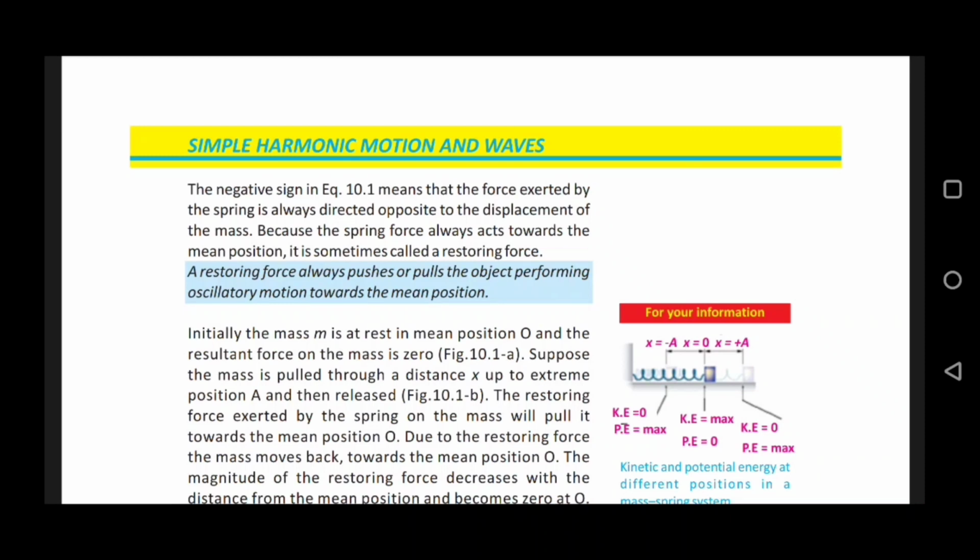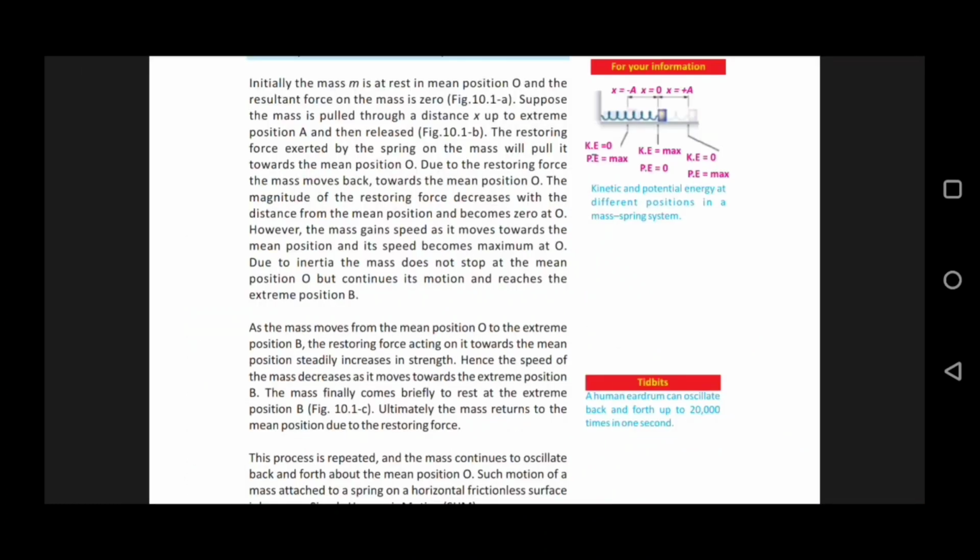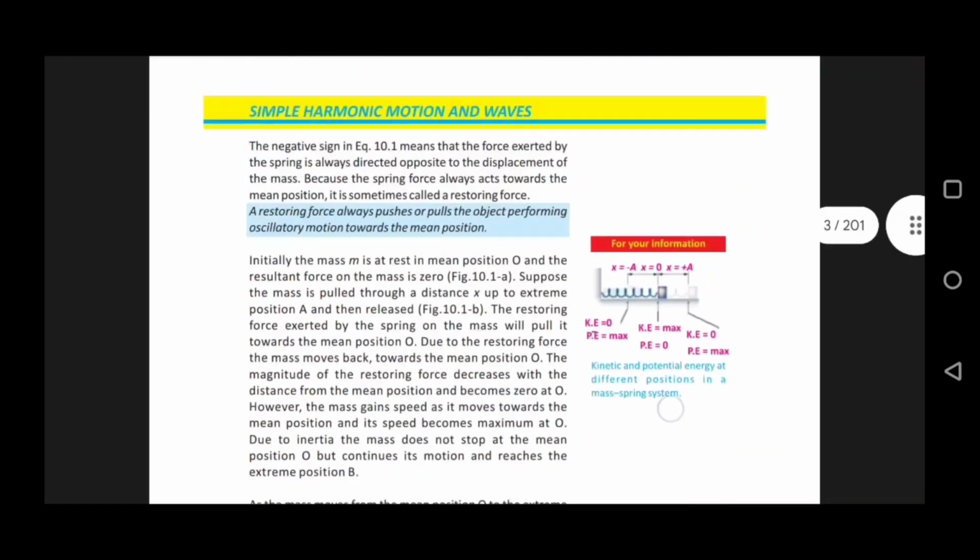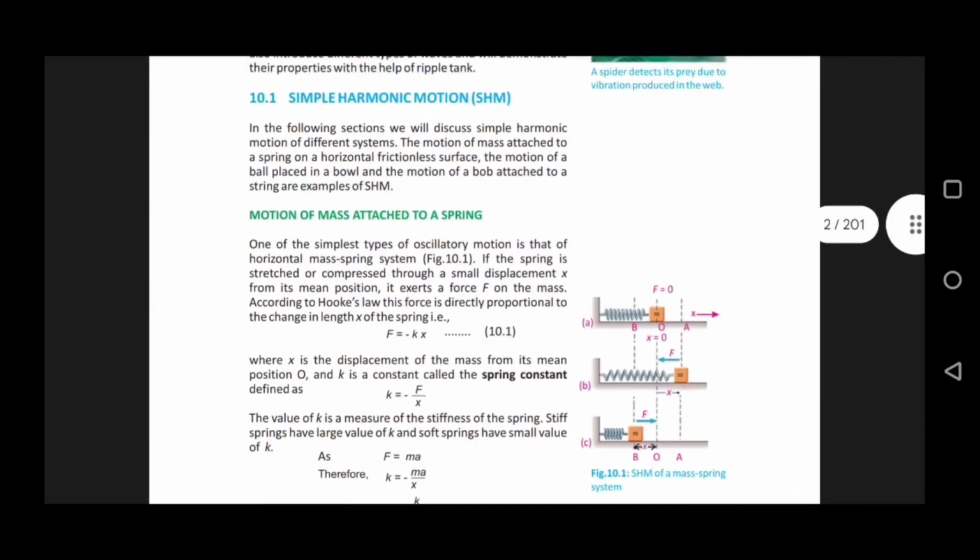We will explain how the motion of a mass attached to a spring is an example of simple harmonic motion. We will see all. Initially the mass m is at rest at position O, called the mean position, and the resultant force or net force is 0, and displacement is also 0.